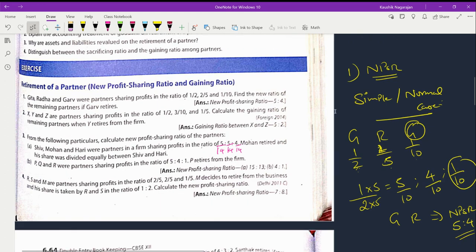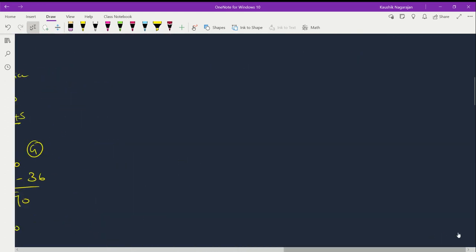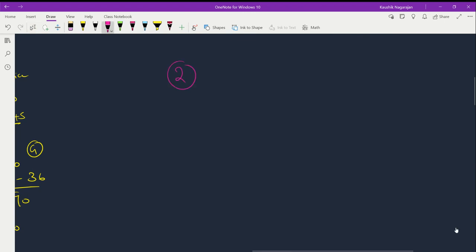The first category, as I said, is a simple or normal case. The second category which we are going to discuss is special case problems. So what does this case cover?